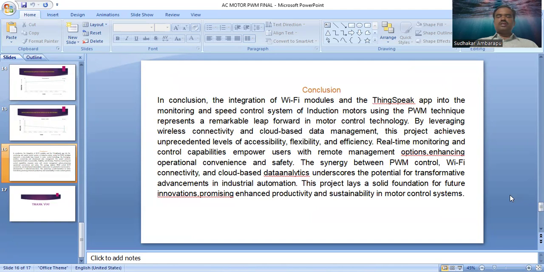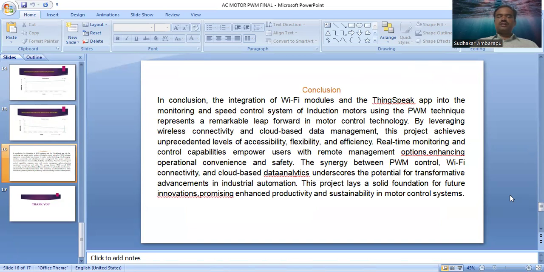With continuous monitoring, if there is any rapid change observed in the currents or speeds, definitely due to any faults, we can immediately take action. And moreover, if we need to control the speed of the induction motor, it can be controlled by speed control techniques like the pulse width modulation technique.